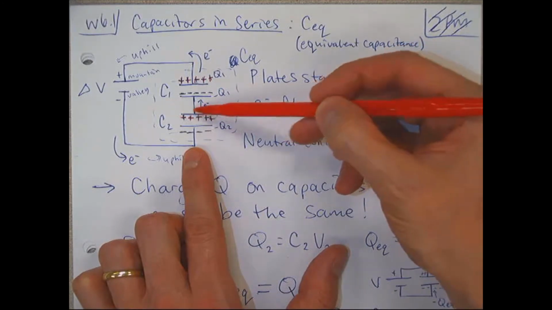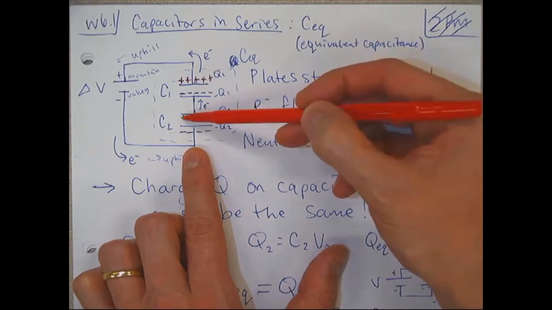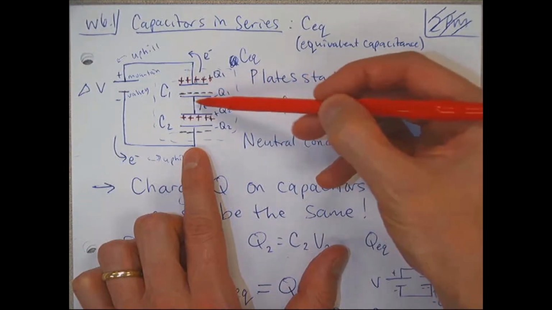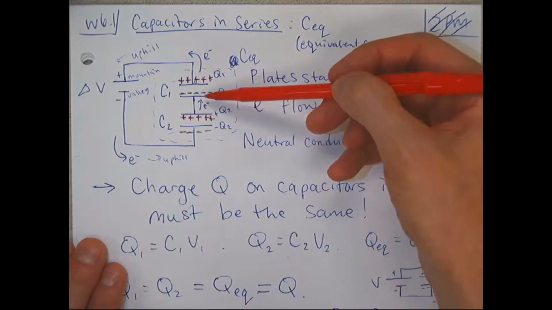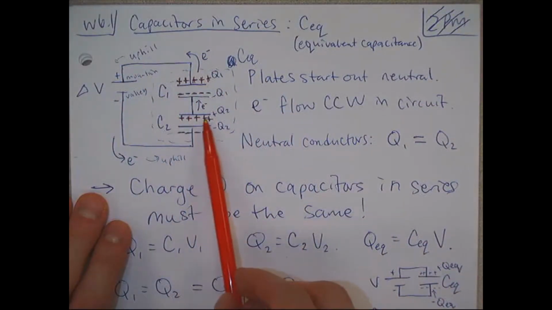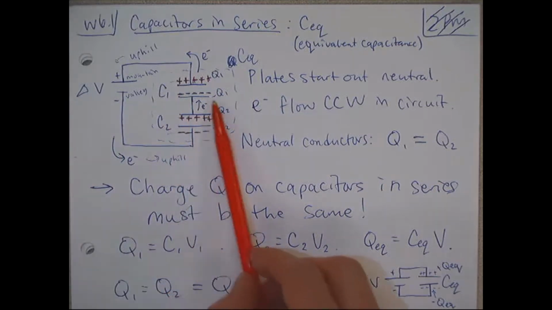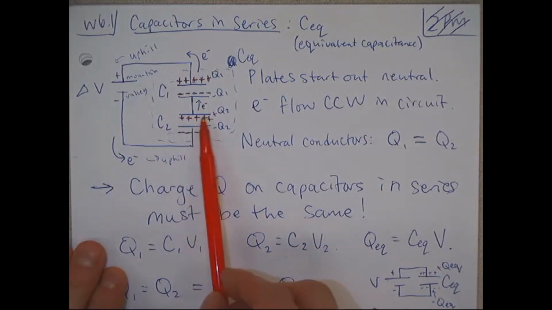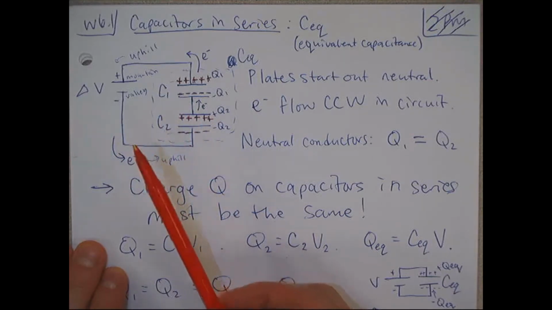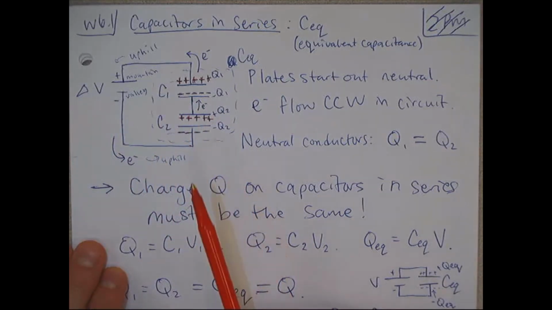So you see that whatever charge leaves the positive plate of C2 is constrained to stop at the negative plate of C1 because everything began neutral in the circuit. The sum of these negative charges and these positive charges must remain zero during this capacitor charging process.